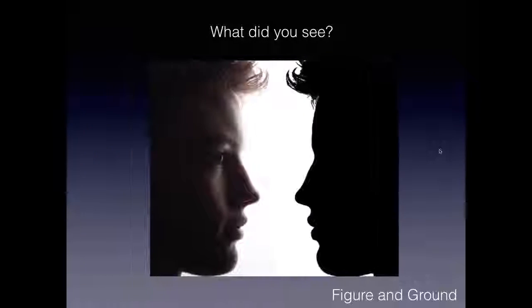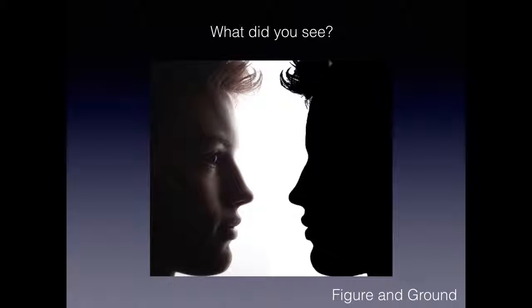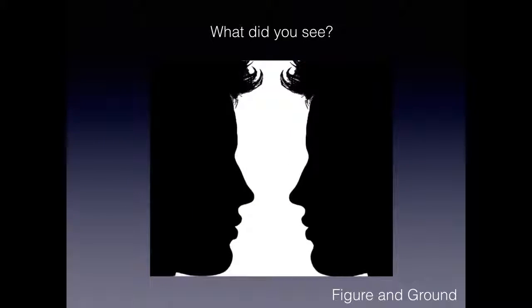If I put the shadow over here, it's still nothing. But if I put in more, you can see a vase in the center one. So the background becomes the figure instead of the back one being the figure.